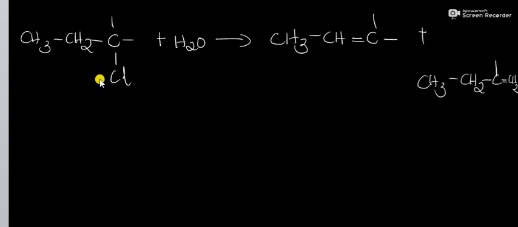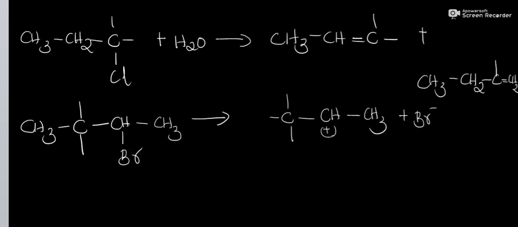Okay. Here we know that the intermediate is a carbocation. So of course there will be a chance for rearrangement if it can obtain a tertiary carbocation, that is a more stable carbocation. For example, this is our 2-bromo-2,2-dimethylbutane, which undergoes E1 elimination.